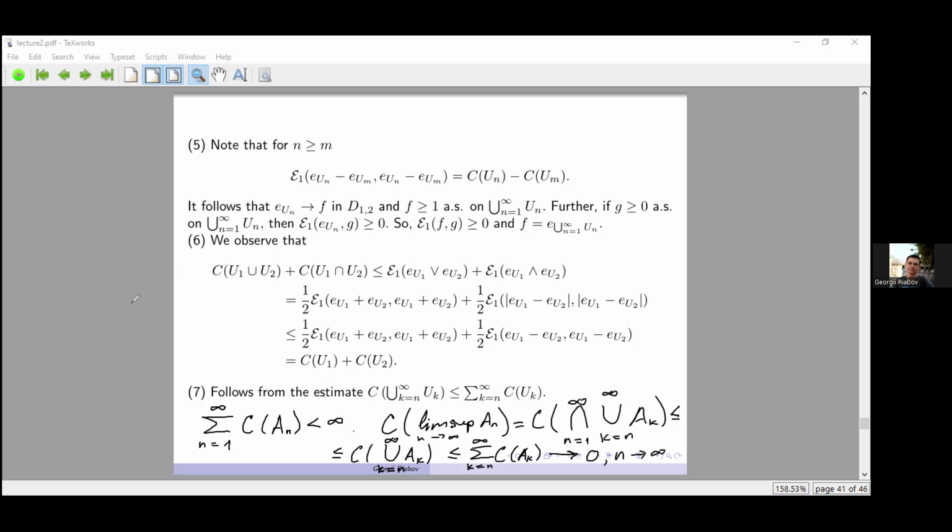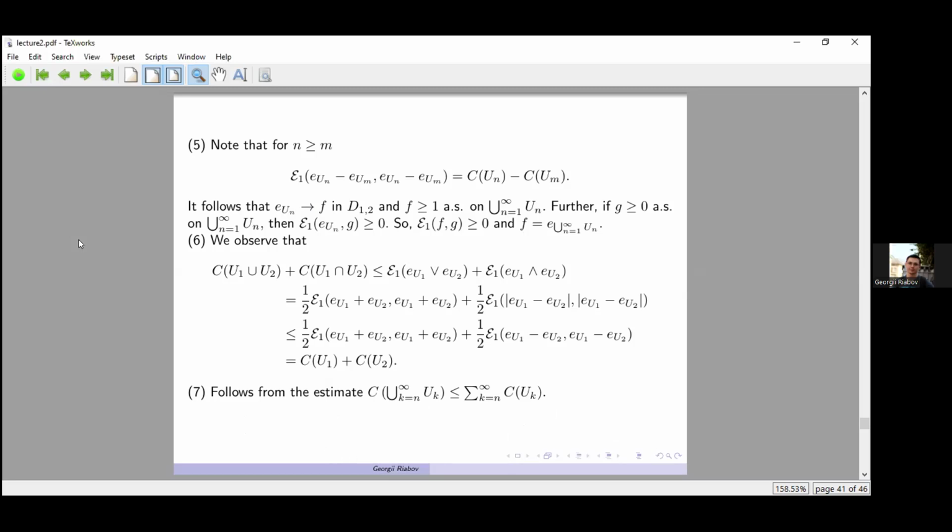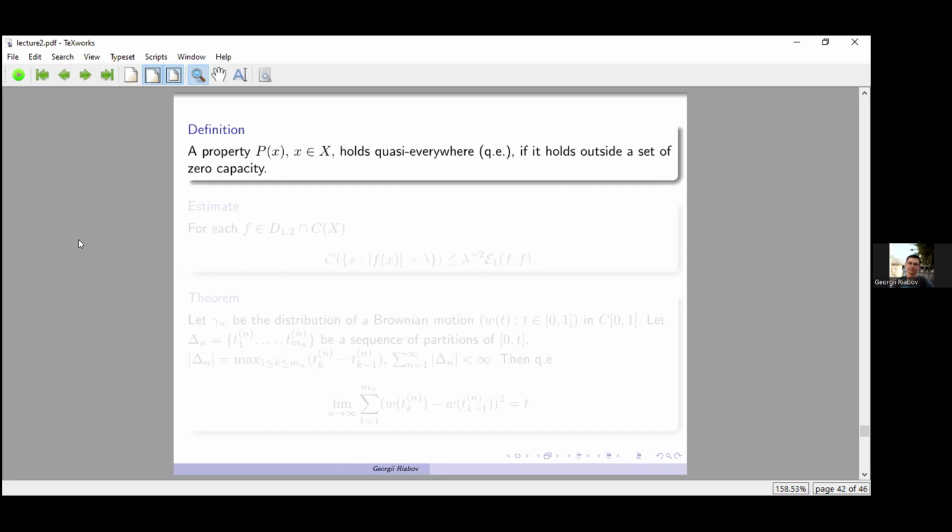Okay, so now using these properties of capacity, we can consider one interesting example. First of all, if we have some property of a point x, we say that it holds quasi everywhere if it holds outside a set of capacity 0. It's like an analog of the property that holds almost surely.